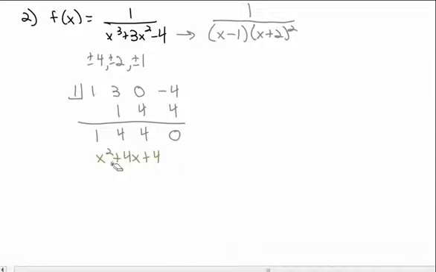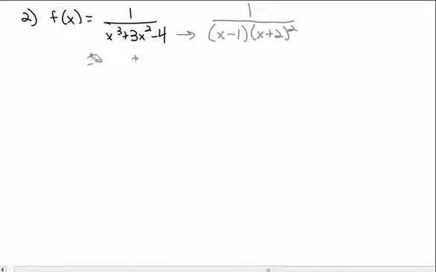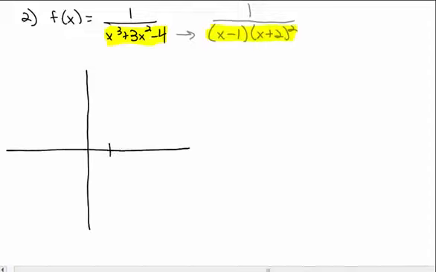So let's get rid of all this work here, just so that I have space to start making my graph. Remember, we are going to graph the denominator first, or the factored form that we just found, because it's going to be easiest. So just graphing the denominator over here.